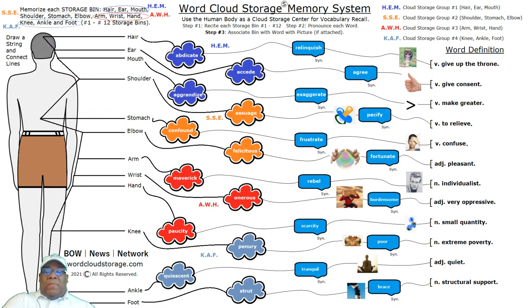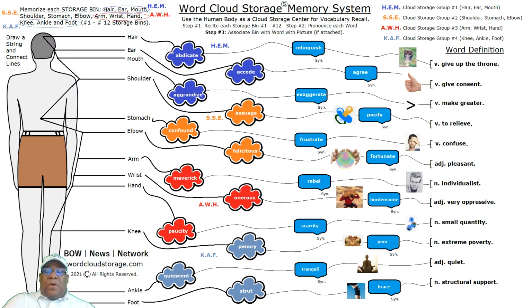And Maverick, rebel, a picture of James Dean. Onerous, we did see that had to do with the burdensome, the log on top of the man's shoulders.